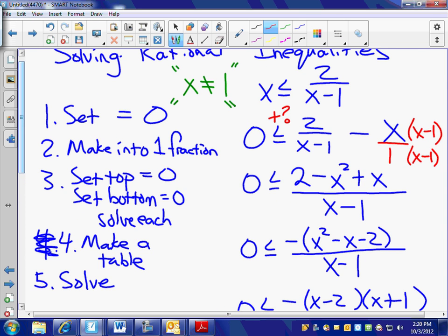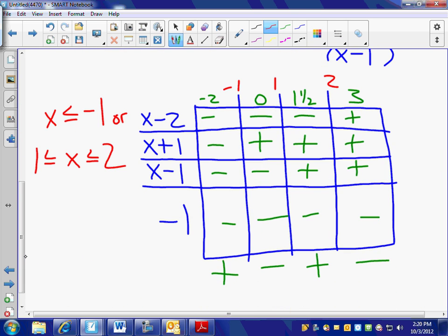But what can x not equal? 1. In my final solution, do I have that x could equal 1? I do. So one last piece I have to do is take off that equal sign. So I checked for where I could get 0 in the denominator. Very small, subtle change. That has to happen. That's my final solution set.